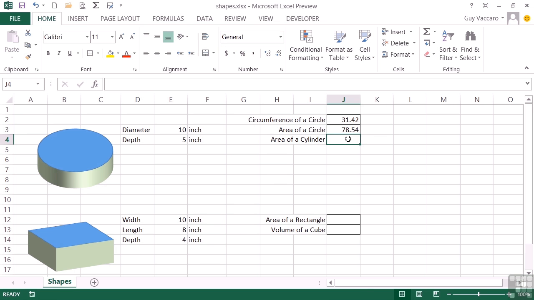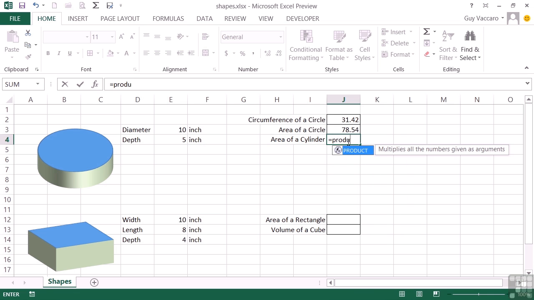Now the volume of the cylinder is simply the area of the circle multiplied by the depth. So we could take the result of that cell and multiply it by the depth. That gives 392.6991. Now when you're starting to multiply cells together, it could be worth using the PRODUCT formula, which is equals PRODUCT, open brackets, and that way you can simply define a cell, comma, a second cell, and if required, comma, a third, comma, a fourth.